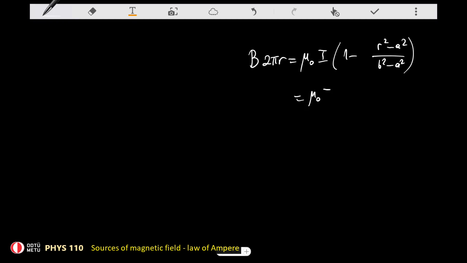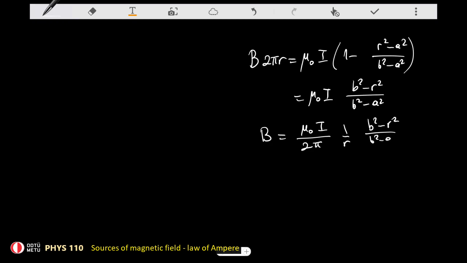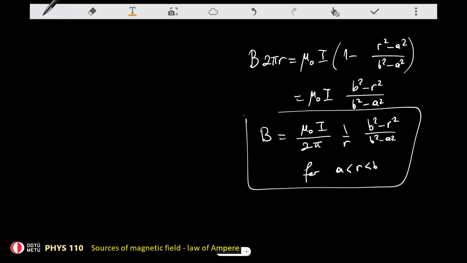So you can see that this is (b squared minus r squared) divided by (b squared minus a squared). And so therefore the magnetic field is mu0 I divided by 2 pi. I'm going to write 1 over r in any case, and then we have a dimensionless factor in here. Again, let me repeat that this is for r between a and b. Right.